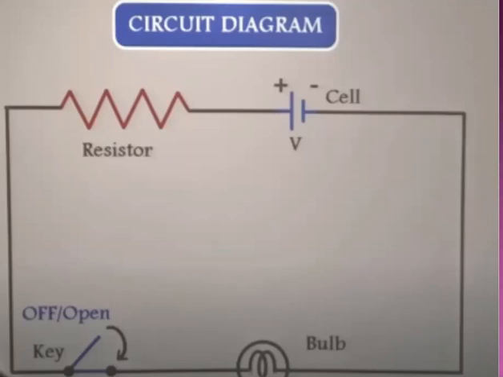Thus we learned that to draw a circuit diagram, we need not draw elaborate pictures of the different elements in a circuit. There are certain symbols which follow certain conventions, with the help of which we can simply draw a circuit diagram in this manner, as you can see on the screen.